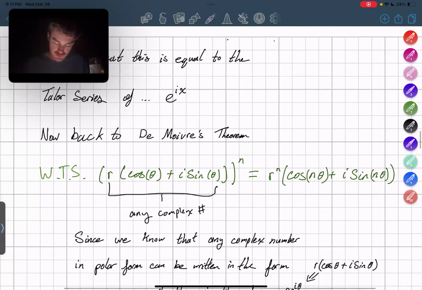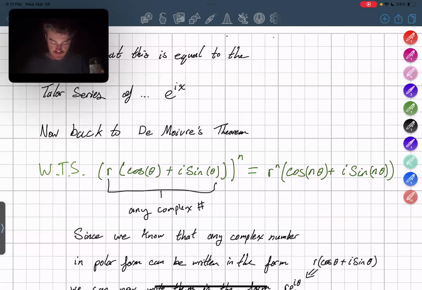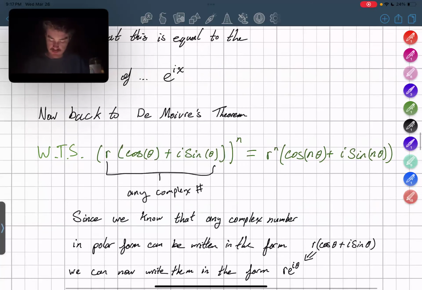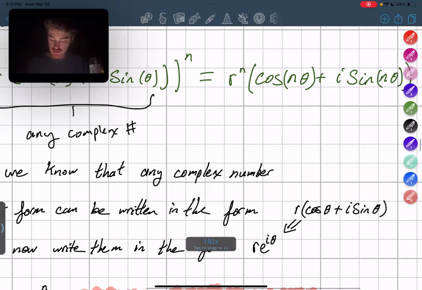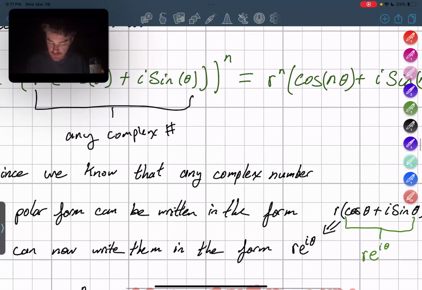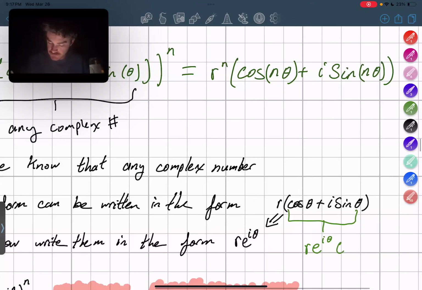So since we now have found that any complex number can be written in polar form, and we just found that this little bit here was equal to e to the i theta, if we multiply that by r, we just get r e to the i theta. And that's also any complex number.